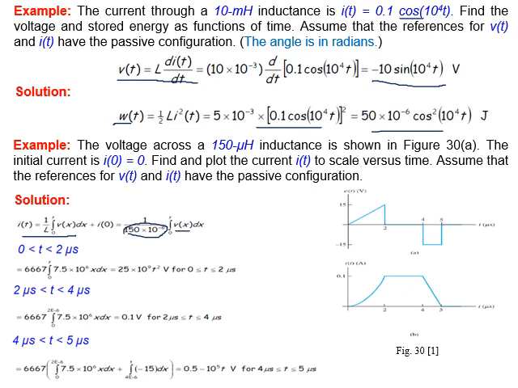Integrating v. I need to find the formula for each part. This part is already known, which is 0, and this part is already known, which is minus 15. Again, from 0 to 2, from 2 to 4, from 4 to 5, integrate to come up with the answer. Please follow the steps similar to the previous example in the previous slides.